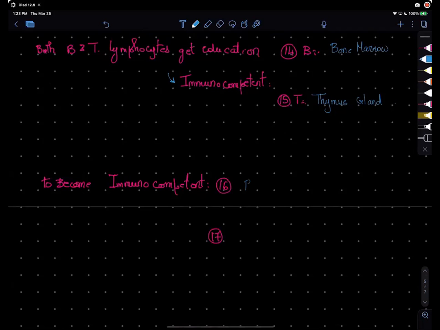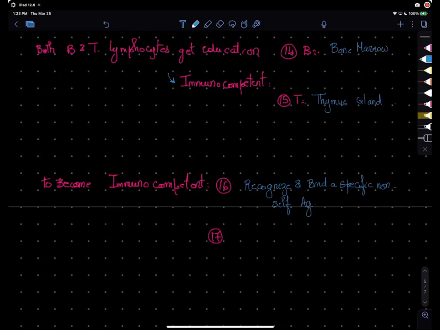Recognize and bind a specific non-self antigen. So each one of those B and T lymphocytes will be capable of recognizing one specific non-self antigen.